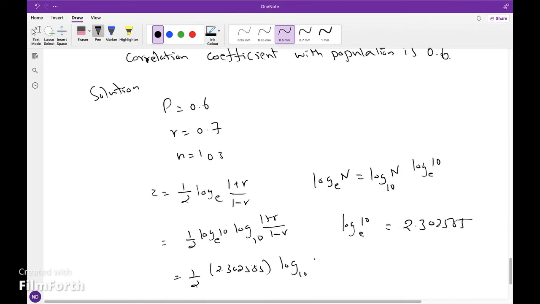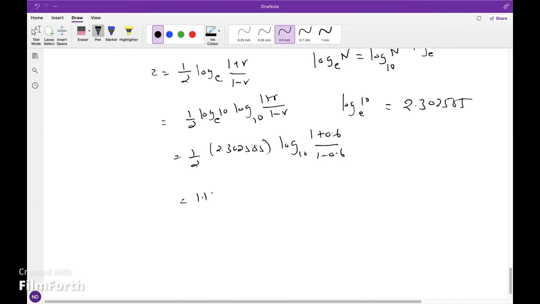Into log base 10 of (1 plus 0.6)/(1 minus 0.6). So this value is 1.1513 into log base 10 of 1.6/0.4, that is 1.1513 into log 4 base 10, that is 1.1513 into 0.6020, and that value is 0.6931.